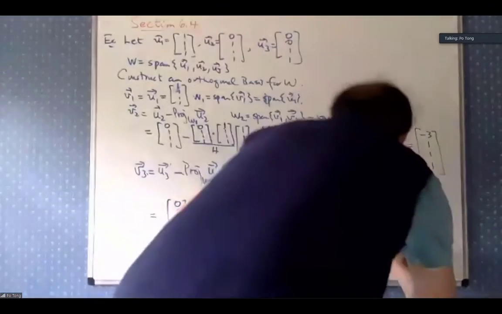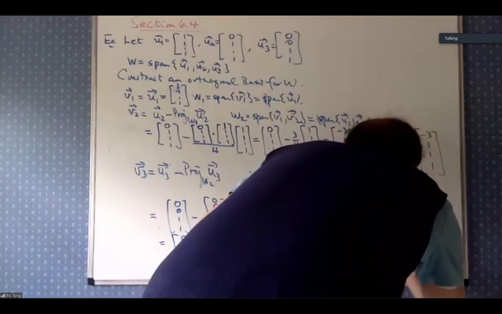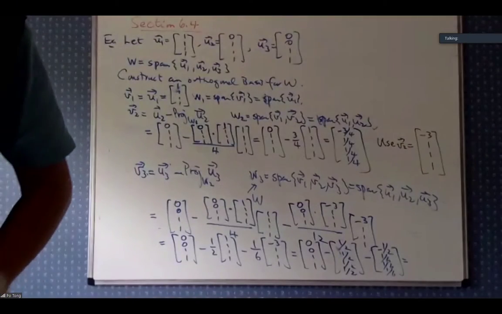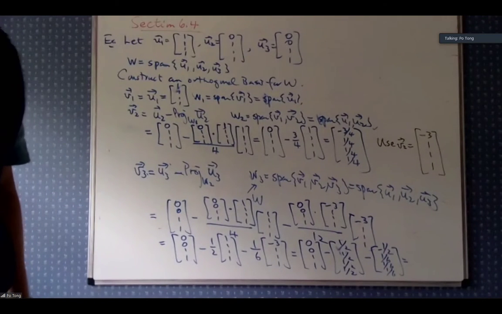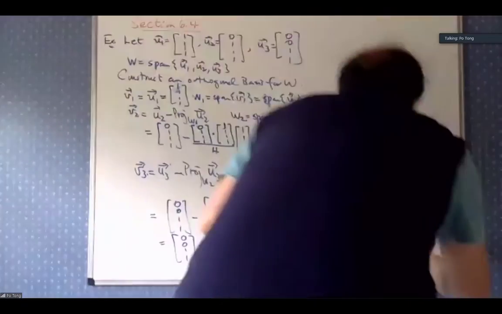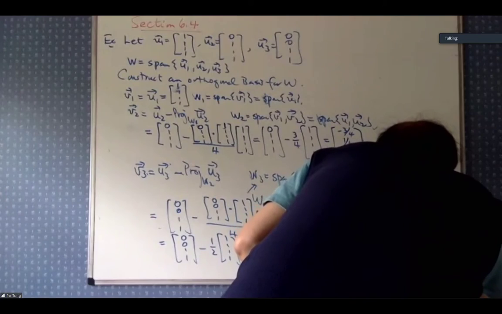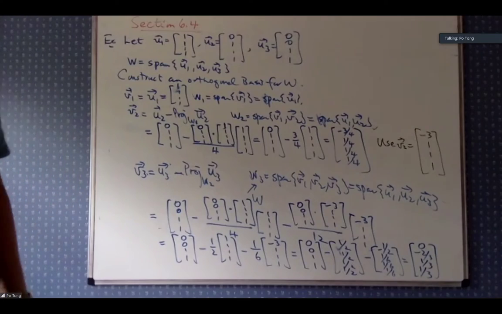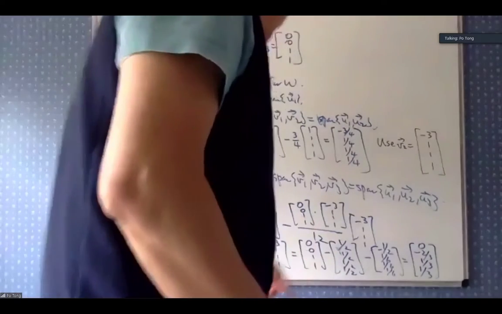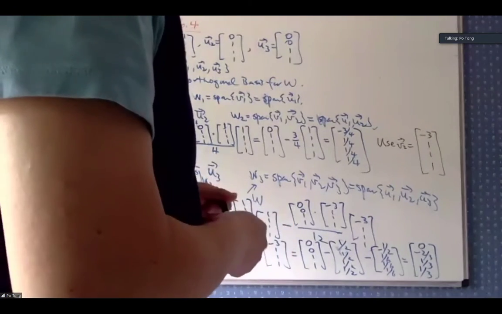Minus negative 1 half, 1, 6, 1, 6, 1, 6. Is it okay? So I end up with this. Okay. So now I have my answer. Let's check, make sure it's okay. 1 half, 1, 6. Yeah, it seems right.